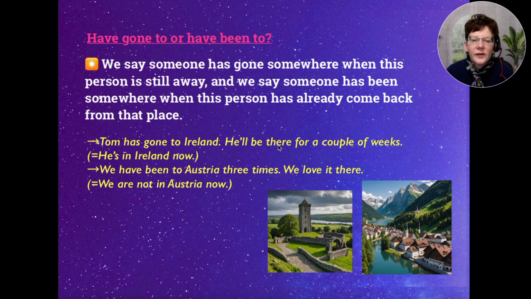He'll be there for a couple of weeks. So this means he is in Ireland right now. Then there's this one. We have been to Austria 3 times. We love it there. So we've been there, but that means these were occasions, but we're not in Austria now. Okay.